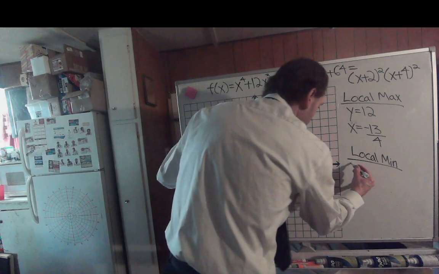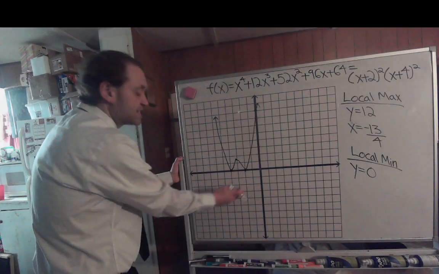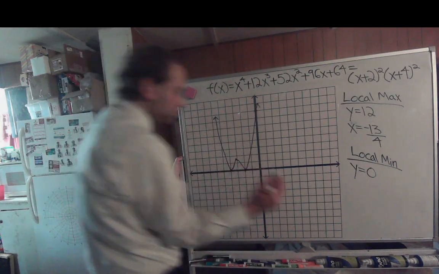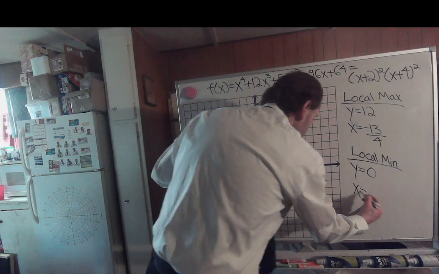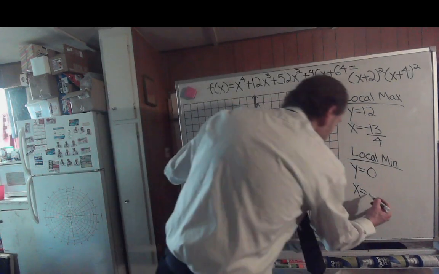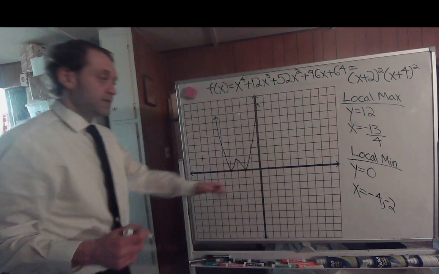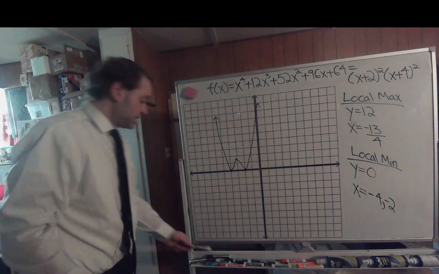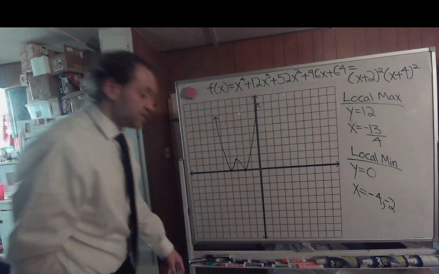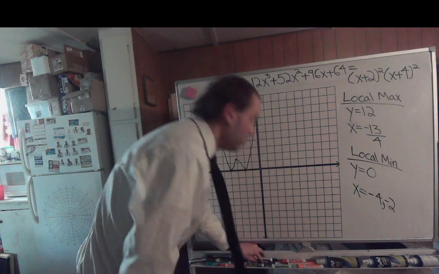Local mins because we have two values of 0, right? y equals 0. Those are your minimums because it only touches the x-axis but doesn't cross. The x values produced in them are going to be -4 and -2. Those are your local mins. So there's that function. I have about two more.